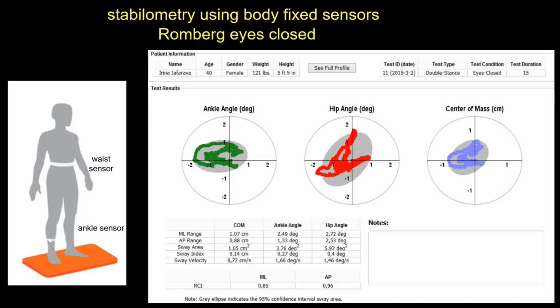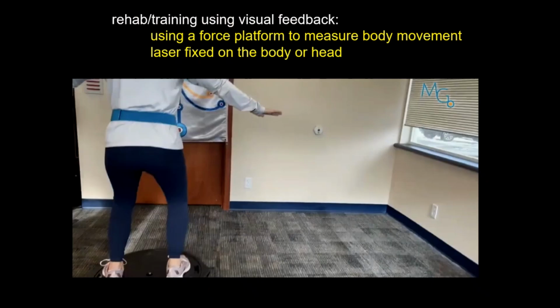And this information can be used simply by visualizing, so put it on the screen how you are moving, and asking the patient to control that movement. So visual feedback that is used to improve your body control.